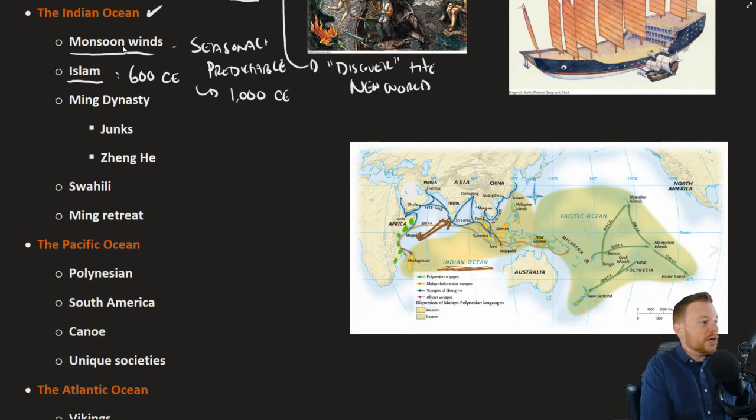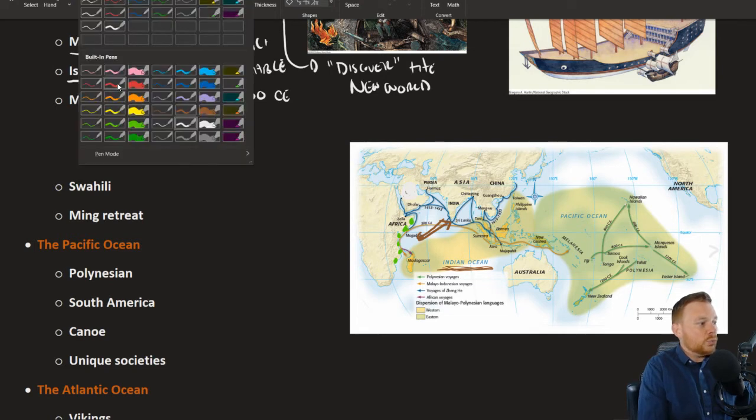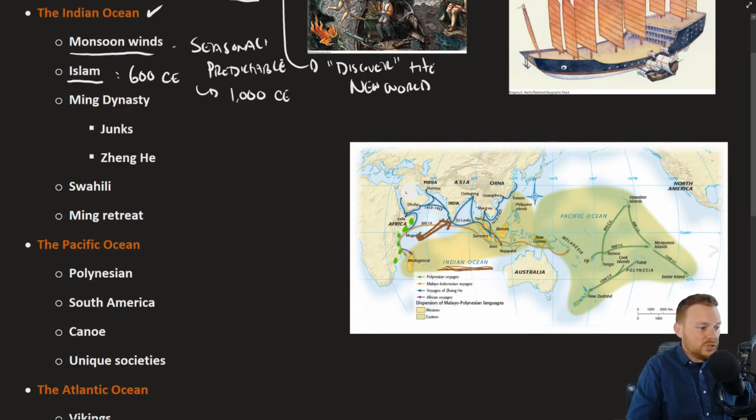So much so that Islam as a religion was spread to places like Indonesia, which today, Indonesia are these islands located kind of in this area. Islam was spread to that area via trade routes, in the 1000 CE around that time period. And today Indonesia is a predominantly Islamic nation, and that goes all the way back to this particular time period.